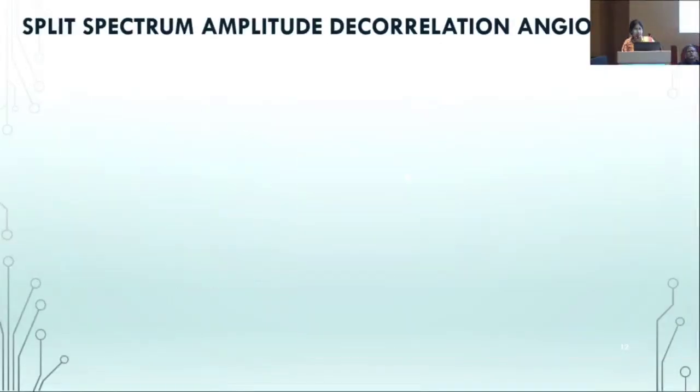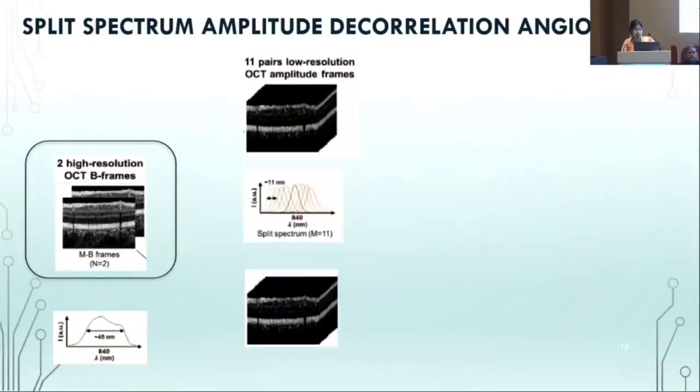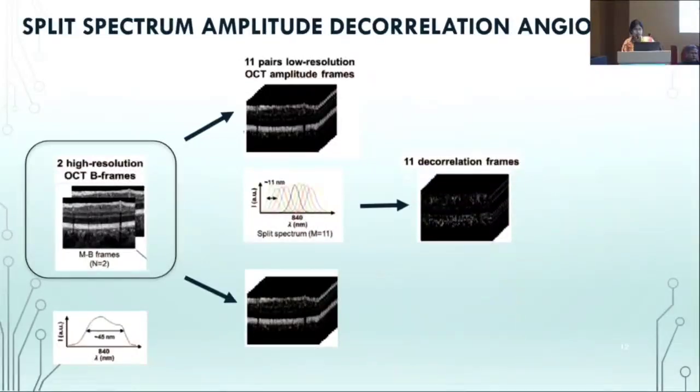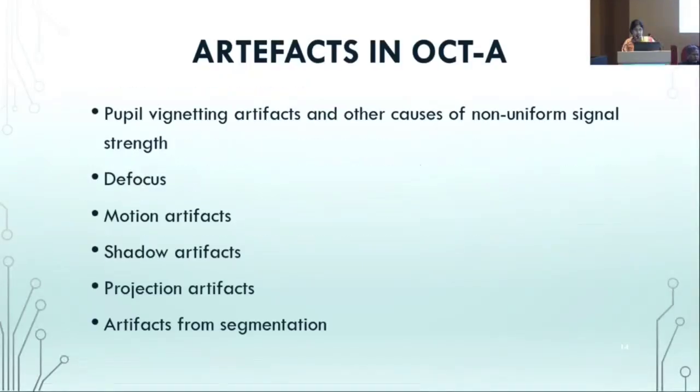The split spectrum amplitude decorrelation angiography basically decomposes the image into 11 pairs of low resolution OCT amplitudes, creates 11 decorrelation frames, and then creates an average decorrelation. Other algorithms used are phase variance, OMAG and SSADA.